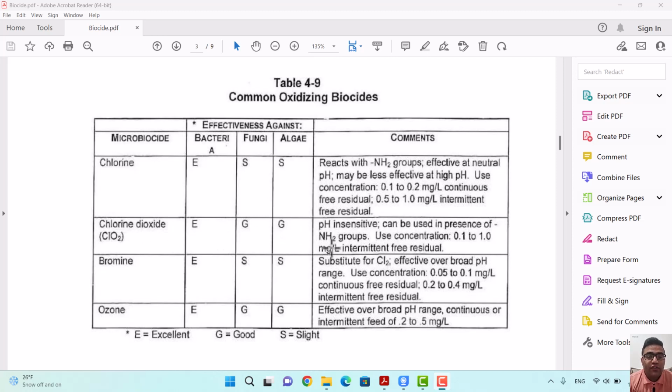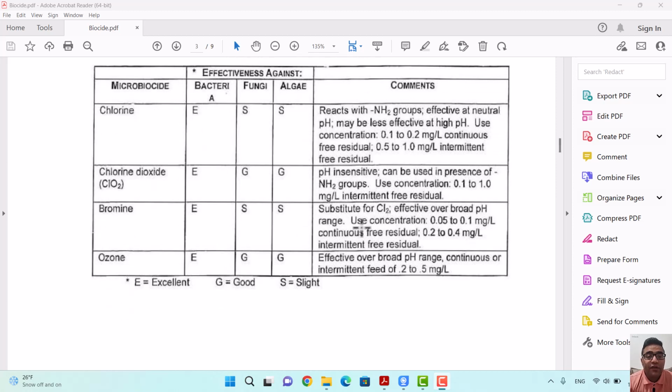Chlorine dioxide, pH insensitive, can be used in presence of these groups. Use concentration 0.1 to 1 ppm intermittent free residual. Bromine, substitute for chlorine, effective over broad pH range.